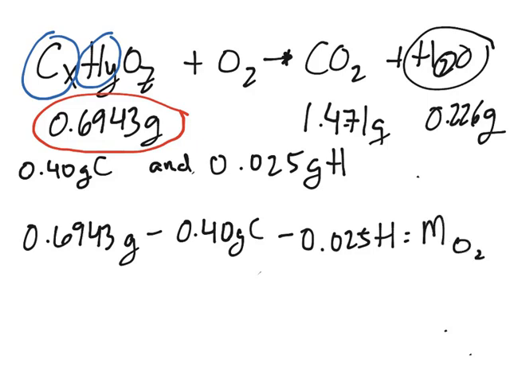So it's a very simple formula. It's mass of compound minus mass of carbon minus mass of hydrogen gives you the mass of oxygen.